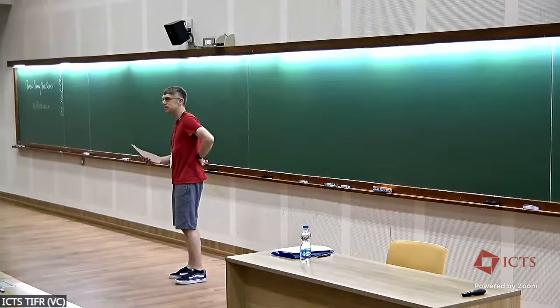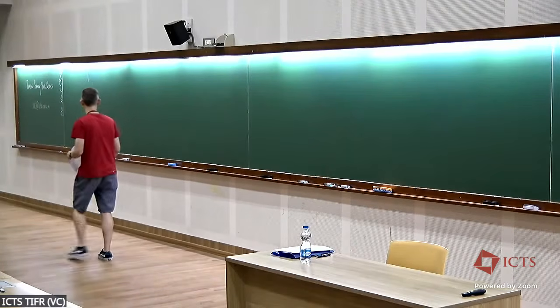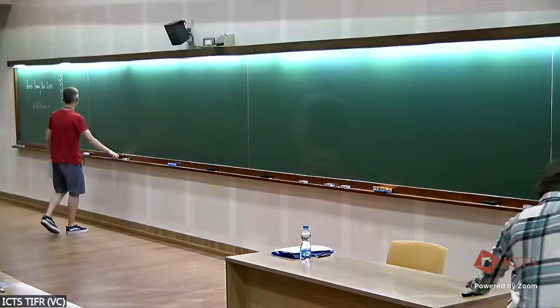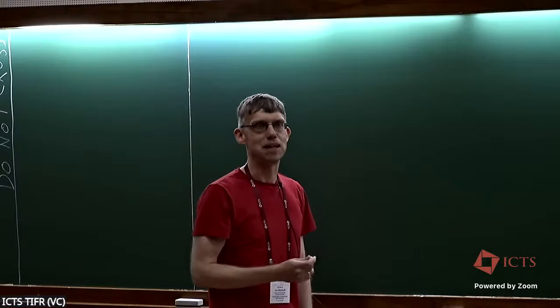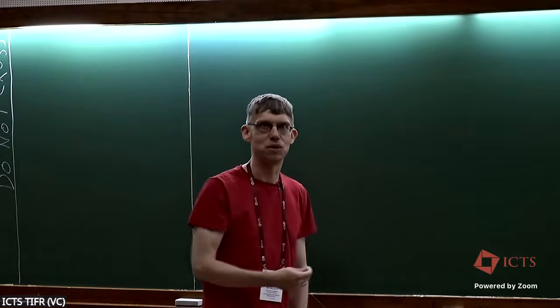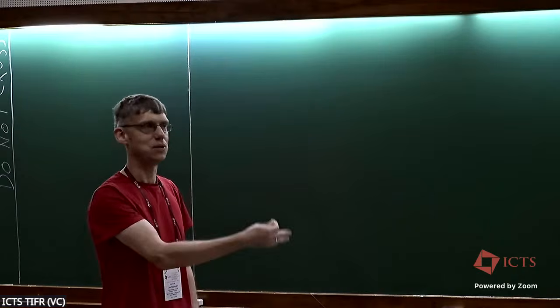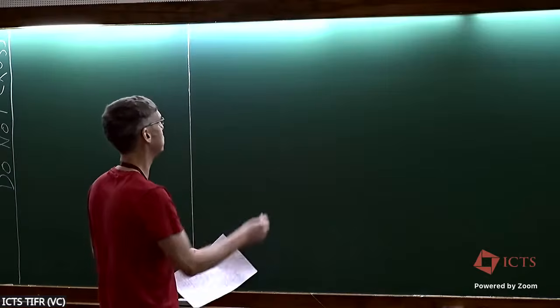So my lecture this week will be about the effective field theory approach to post-Newtonian gravity. In the first lecture, I will explain a bit what that is all about. And then in the next lecture, we'll go more into the actual calculations, how you can apply it to make predictions for gravitational waves.